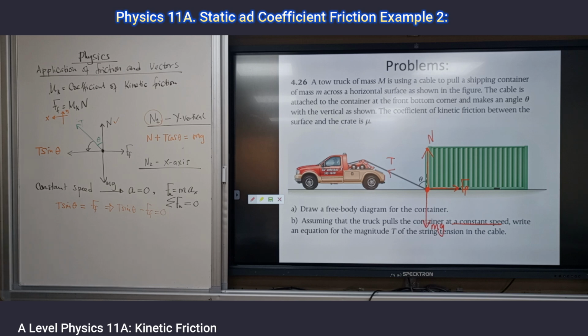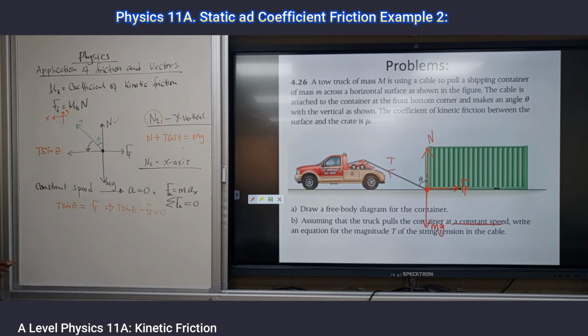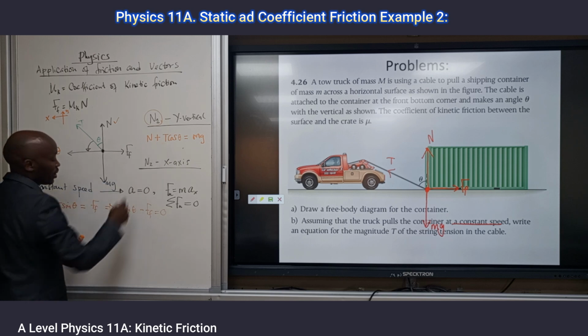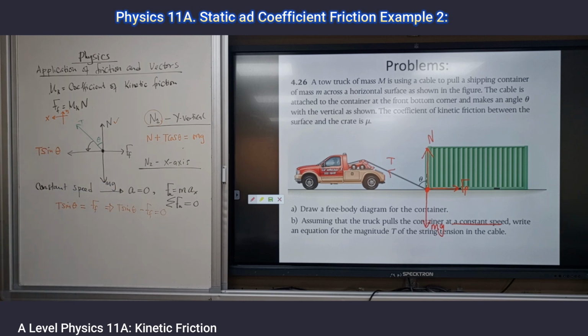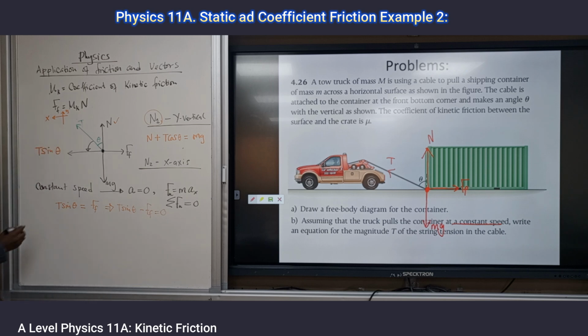So we have two equations, and we can combine them to get the tension force. One way to do that is first to express the friction force using its formula.